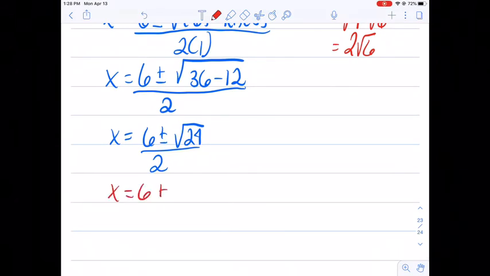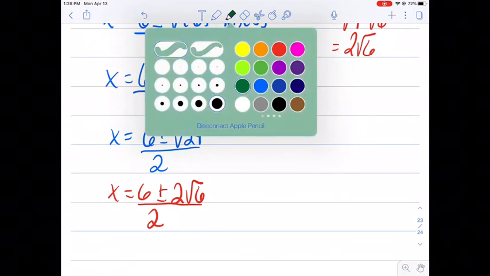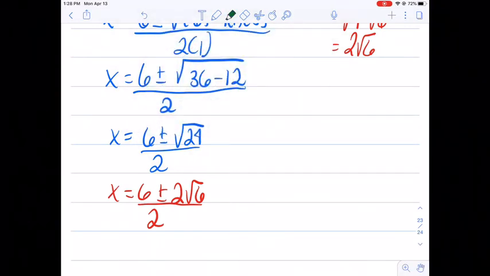So I get x equals 6 plus or minus 2 radical 6 over 2. Now, I need you to look at this for a second because this is going to get kind of tricky. If this number here, and this number here, and this number here all have a common factor that can be canceled out, we're going to do that to reduce the roots even more. Okay, we want these in reduced form as much as possible.